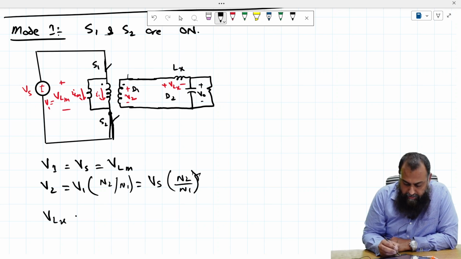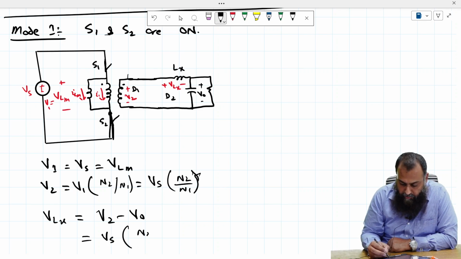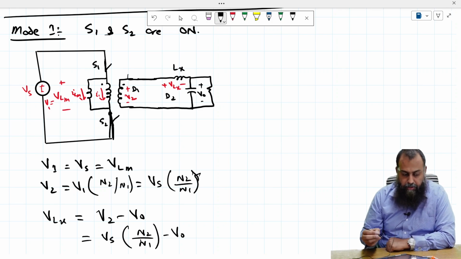Other than that we have VLX. We have to apply KVL on the outer loop. It gives VLX equals V2 minus V naught, and because V2 is equal to Vs into N2 over N1, this becomes Vs into N2 over N1 minus V naught.